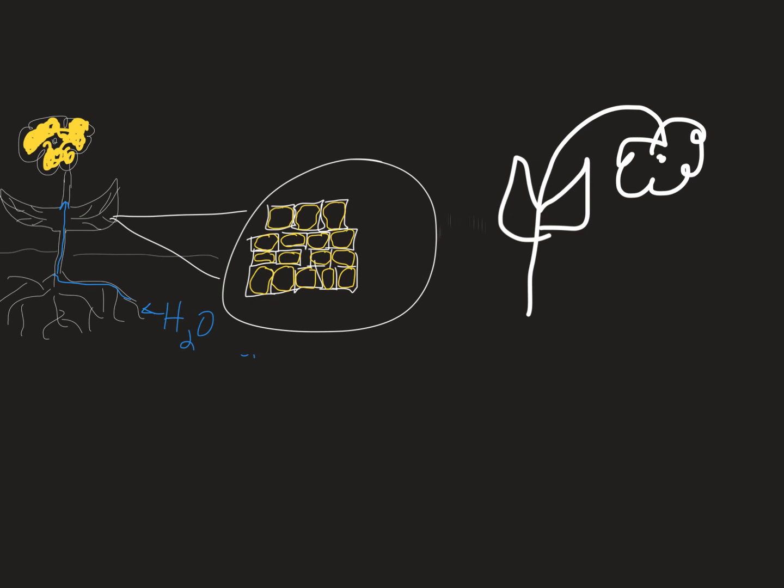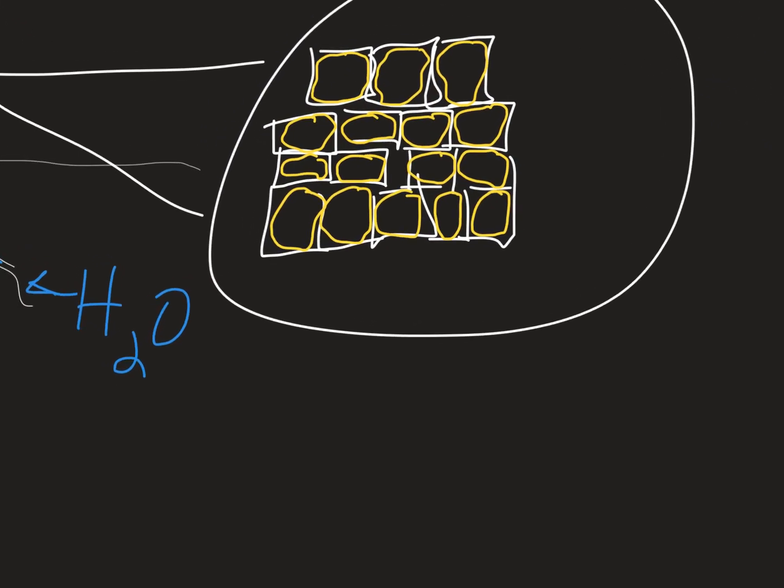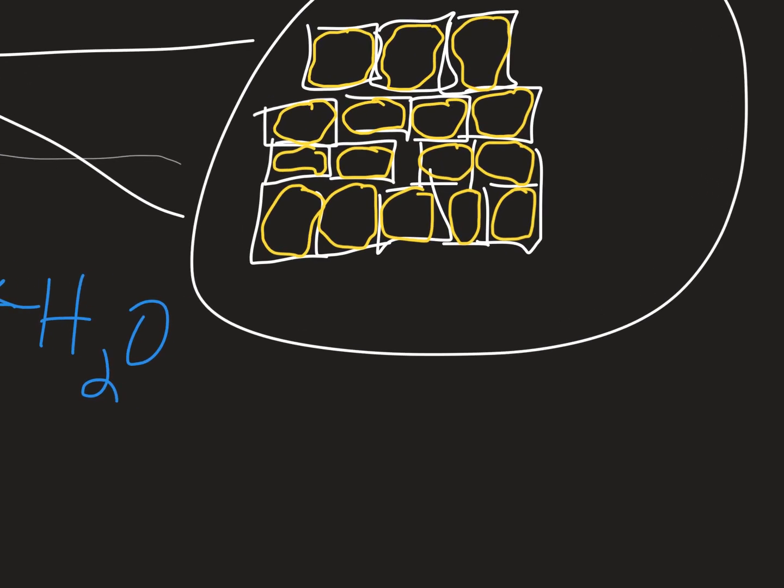Well, what makes them stand up straight then? Water. But how does water do that? Because water goes to where there's a higher concentration of solute, and then it pushes outwards against the cell walls. That's what holds these blocks up, is water pushing out.